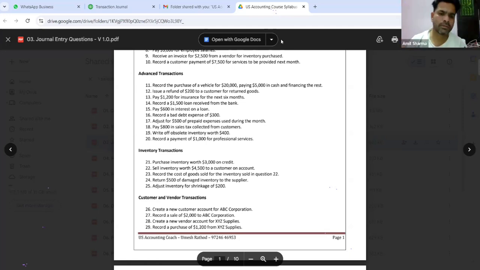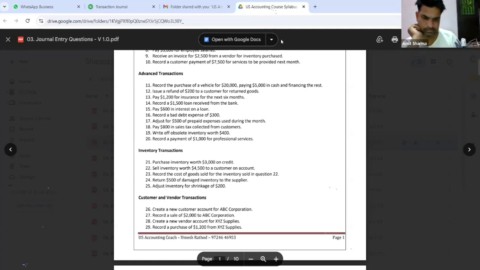Vendor to inventory. Vendor account debit, because we are returning goods to them. See, in a sale there are 4 transactions, 2 debit, 2 credit. But in purchase, only 2 transactions. AP to inventory, okay?